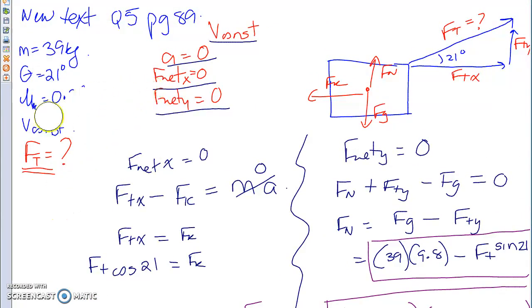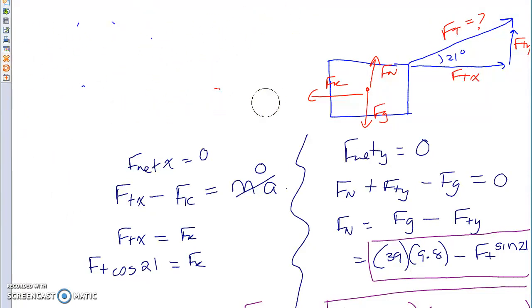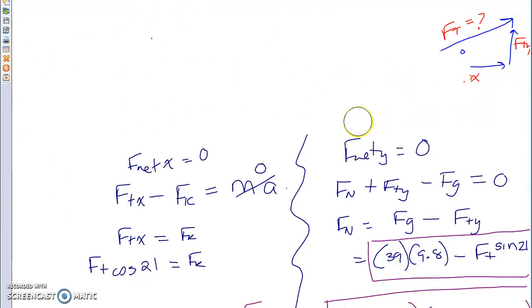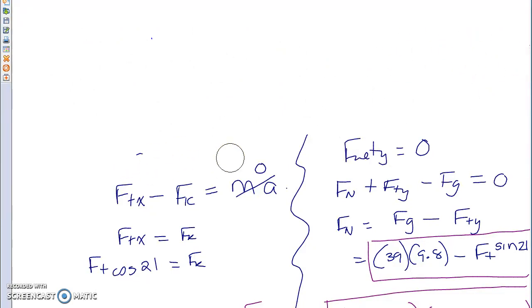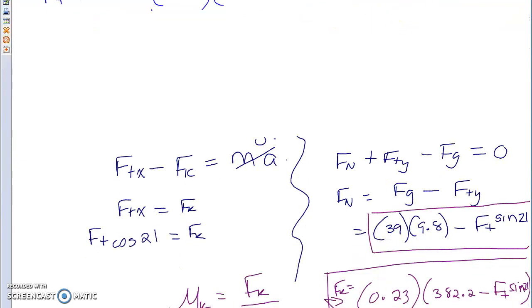Now to solve for this problem, we're going to say Ft cos of 21 equals 0.23 times 382.2 minus Ft sine of 21.